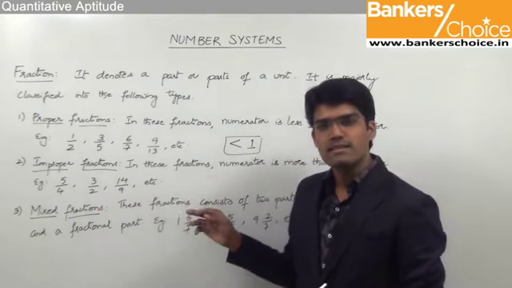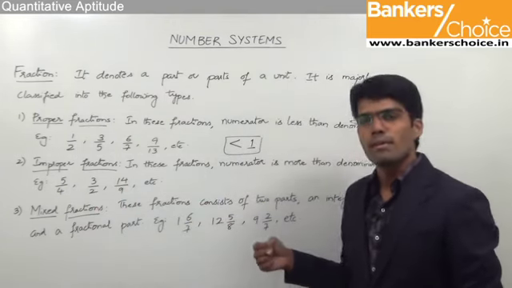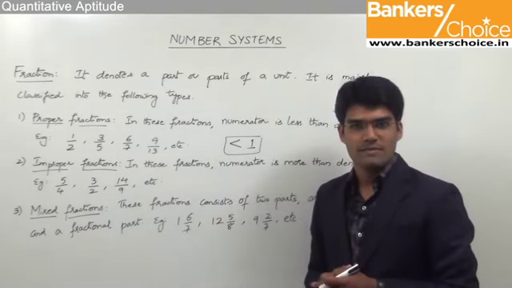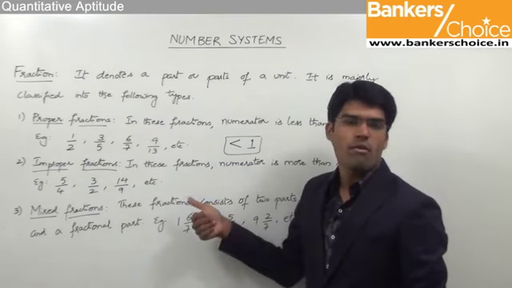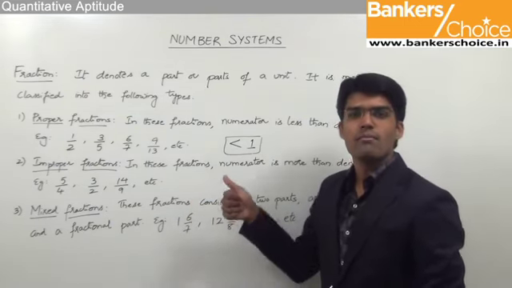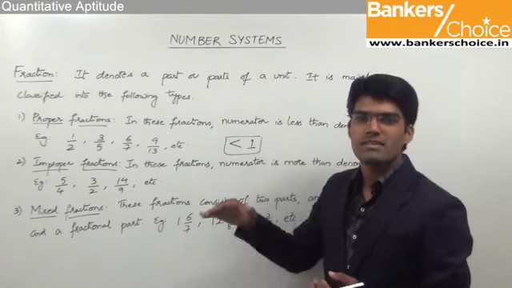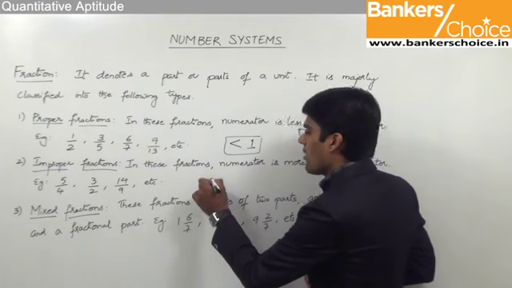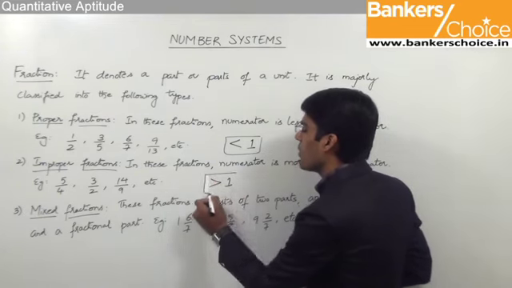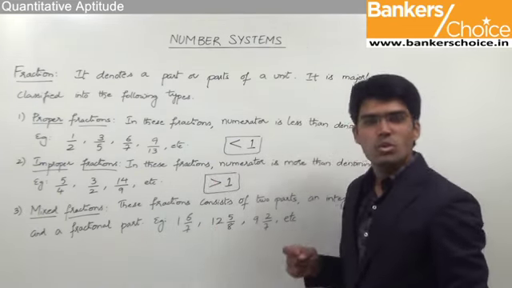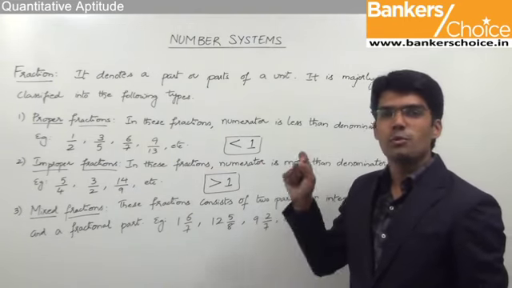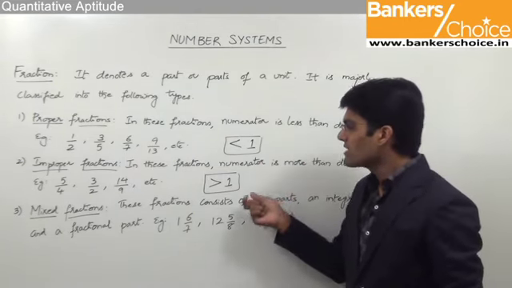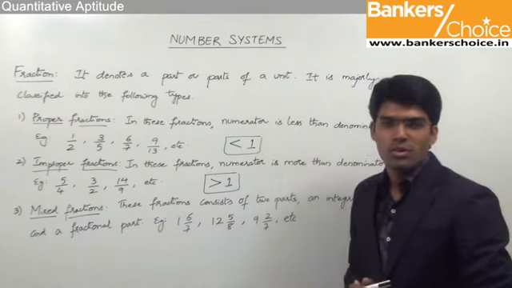So all such fractions where the numerator is more than denominator are called improper fractions. Why? Because they are in the form of a by b, but they are more than 1. So such fractions are improper fractions. And the point to be understood here is all these fractions are greater than 1. So proper fractions are those fractions where the value is numerically less than 1, and improper fractions are those where the value is more than 1.